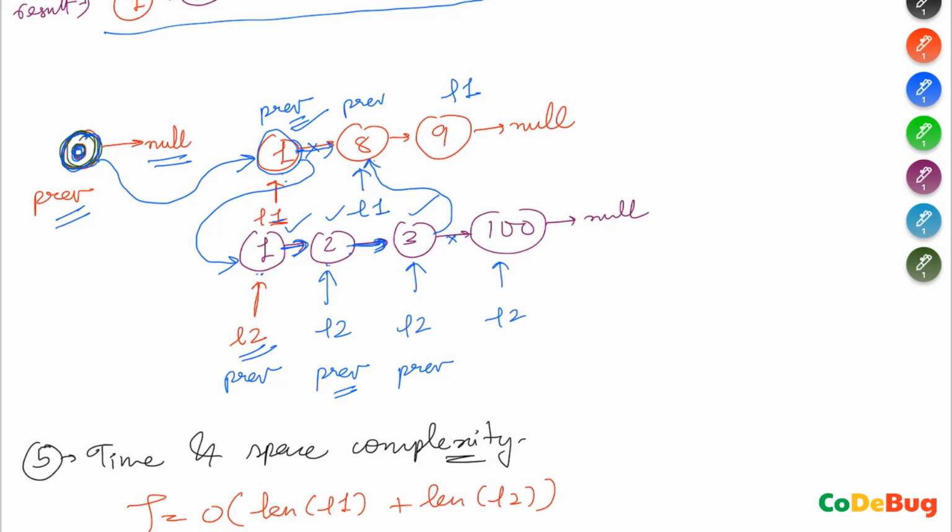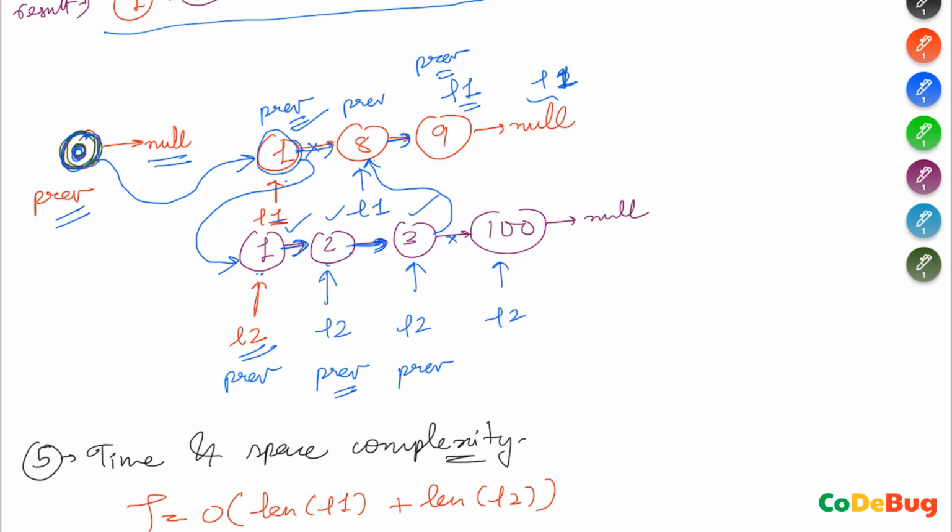What's remaining is here between L1 and L2: L1 value is less than or equal to L2 value. So previous next is pointing to L2, then L2 will move to null, L1 will move to null. We have to update each node to the next value, and then previous will move one node forward.